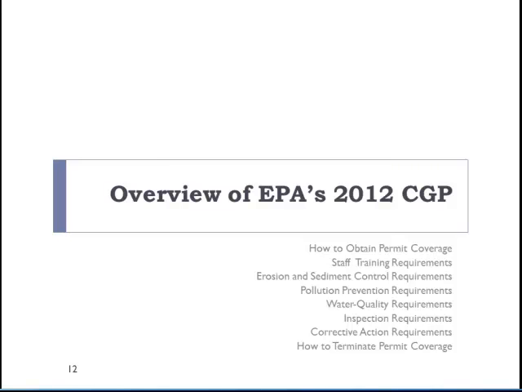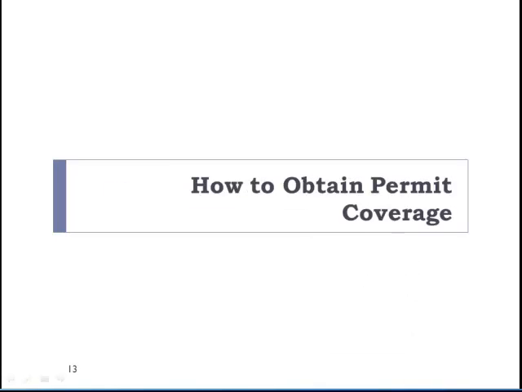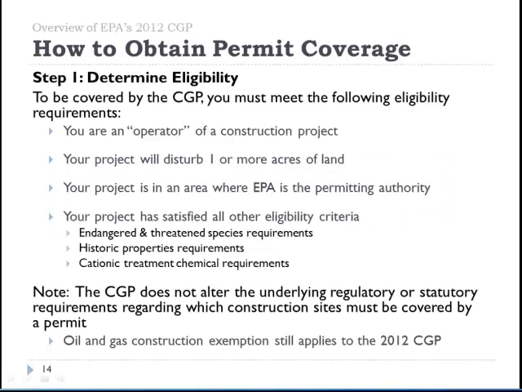Okay, so in this section we're going to start by getting into the requirements of the 2012 CGP, starting with how to obtain permit coverage. For a lot of you out there who are construction operators, this will be your first significant interaction with the permit: how to get covered under it. So we've broken this down into a series of steps which we think makes sense. The very first is to determine if you are eligible for permit coverage.